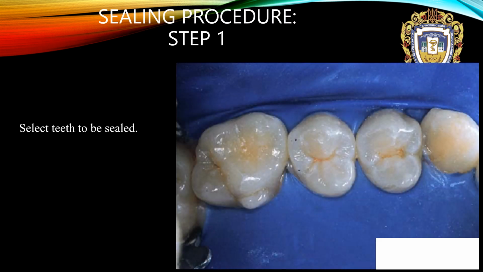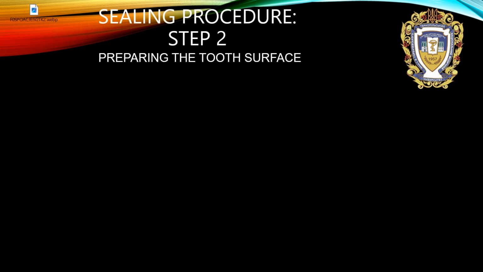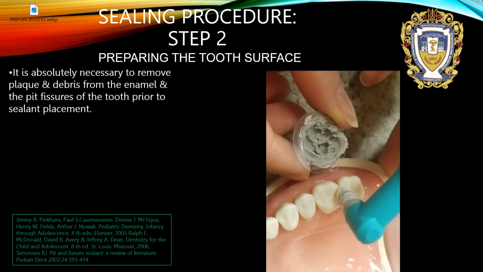Let's talk step by step about the sealing procedure. First step, of course, select teeth to be sealed, and of course, isolate from moisture. Second step, preparing the tooth surface.